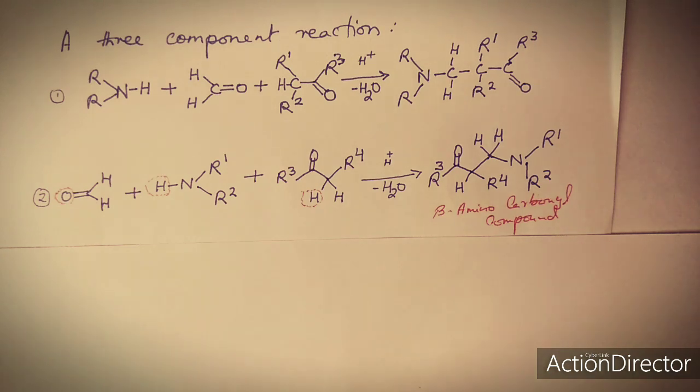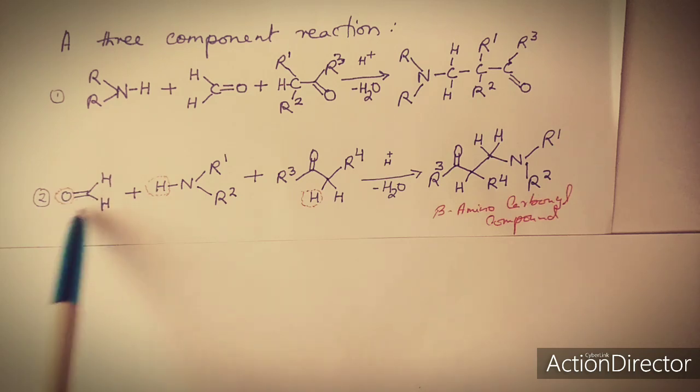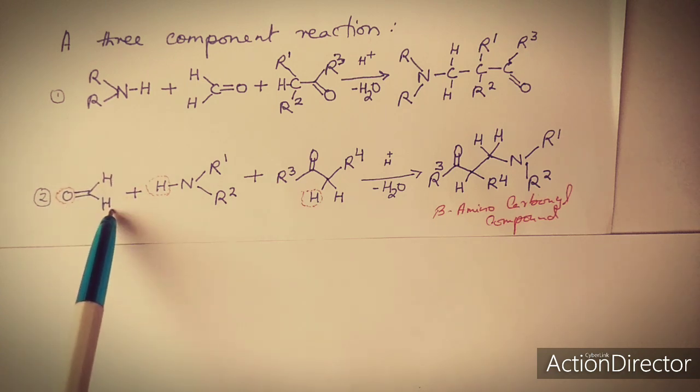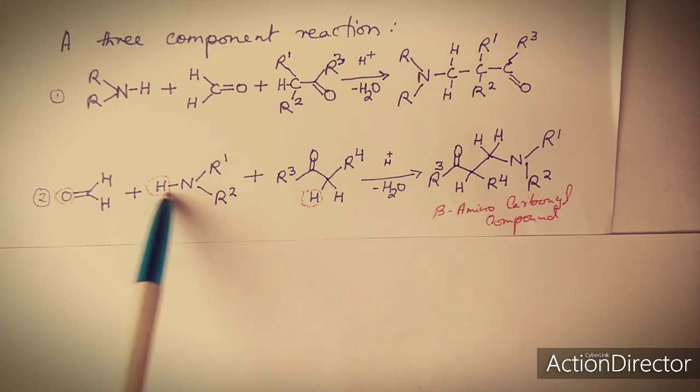In this second example I have shown the oxygen in red. We can concisely write it as such, but we'll see the mechanism because in our classes we are expected to know the mechanism at this level. This oxygen is from the formaldehyde. This hydrogen is from the amine. That is why this hydrogen is necessary.